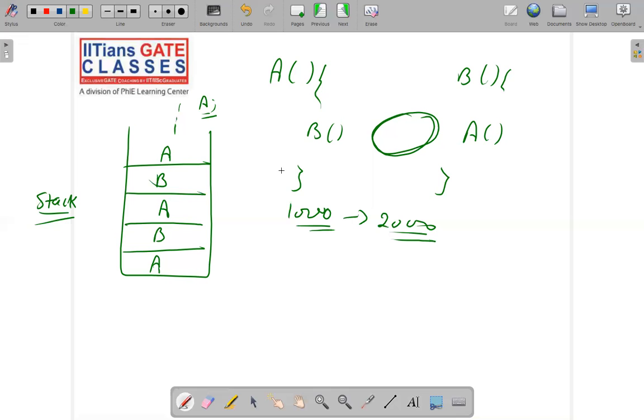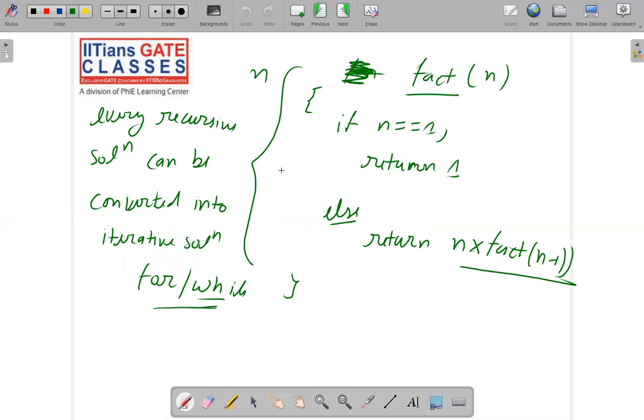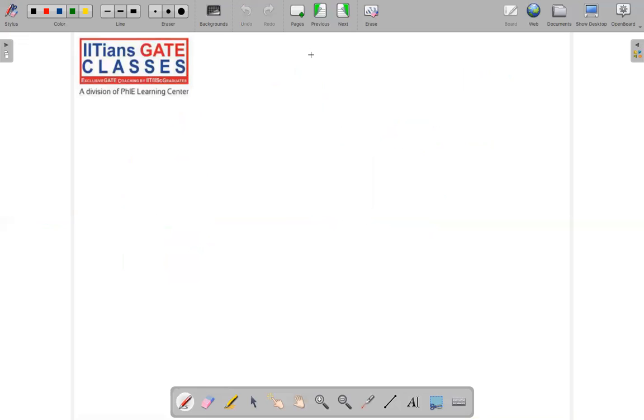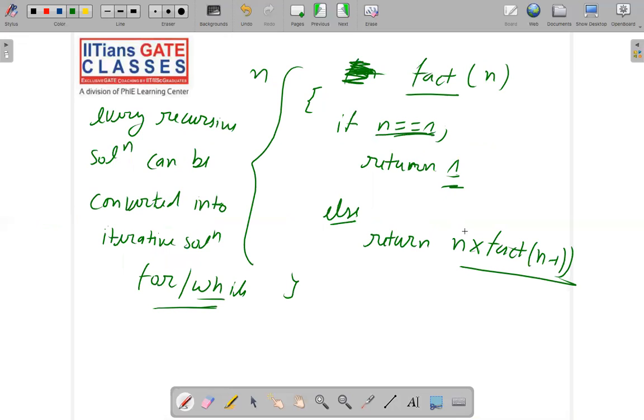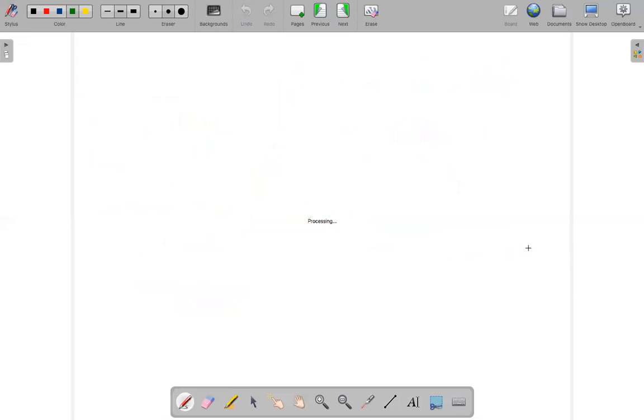Let's talk about the factorial problem again. Remember this program: if n is equal to 1, we return 1. If it's not 1, it will return n multiplied by factorial of n minus 1. Later on, this n minus 1 will be n minus 1 multiplied by factorial of n minus 2. I hope you get that.